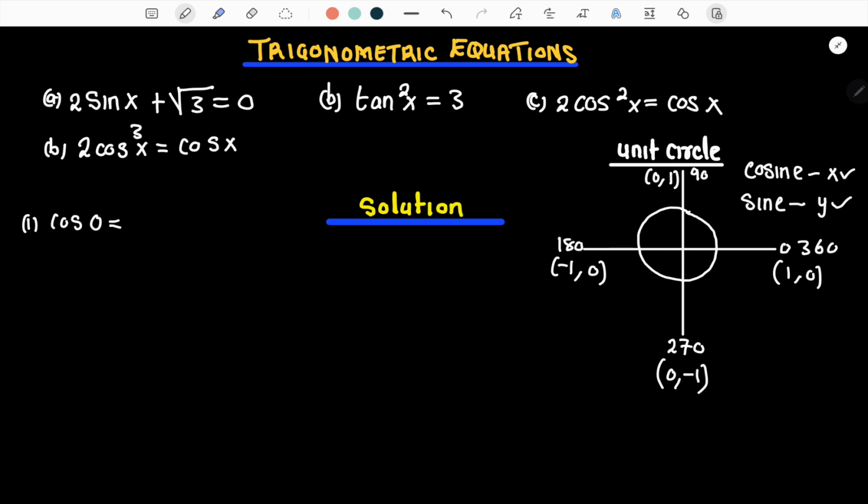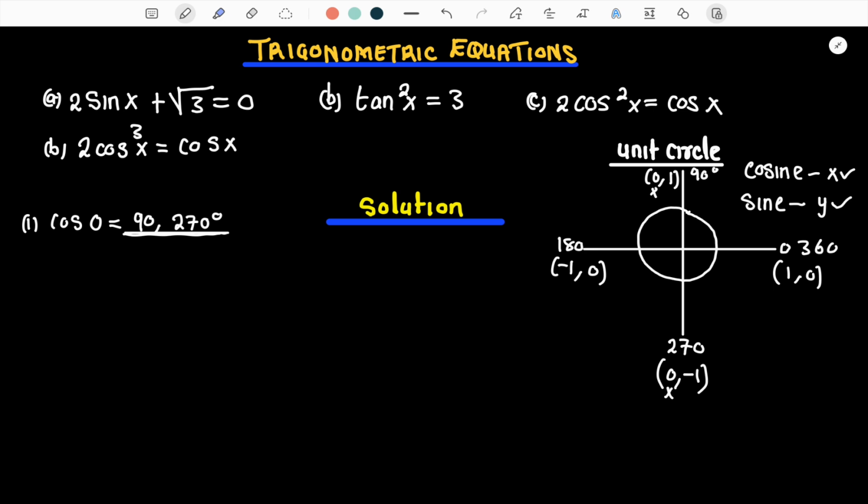So for cosine 0, you need to check where 0 is in the x-axis. So at this particular point, 0 is in the x-axis. So what degree are you dealing with? It's 90 degrees. So the possible values are going to be 90 degrees, comma. We check where else 0 is in the x-axis. 0 is in the x-axis at 270 degrees. So you will still get your 270 degrees. Where else? You discover that these are the only possible values. And then this becomes your final answer.